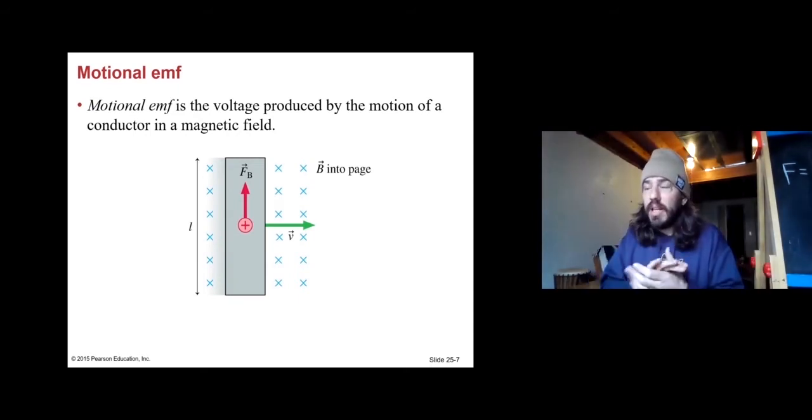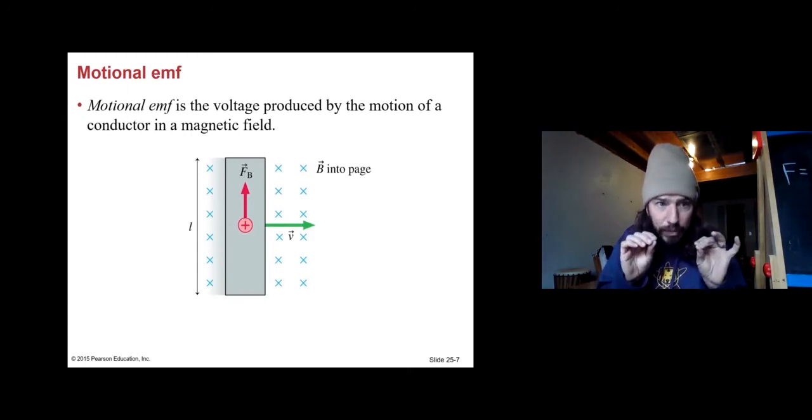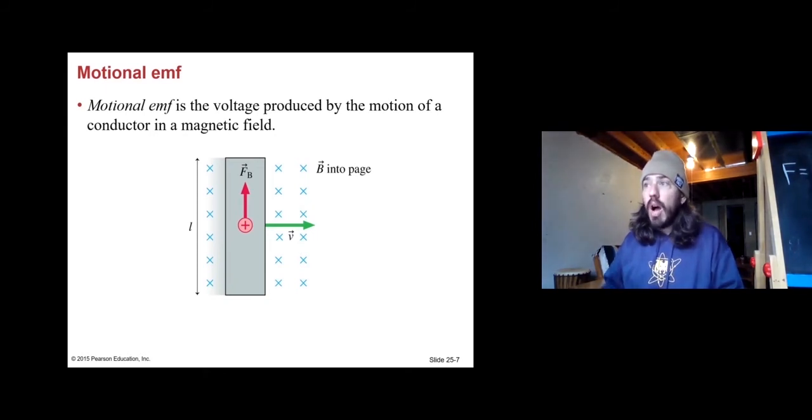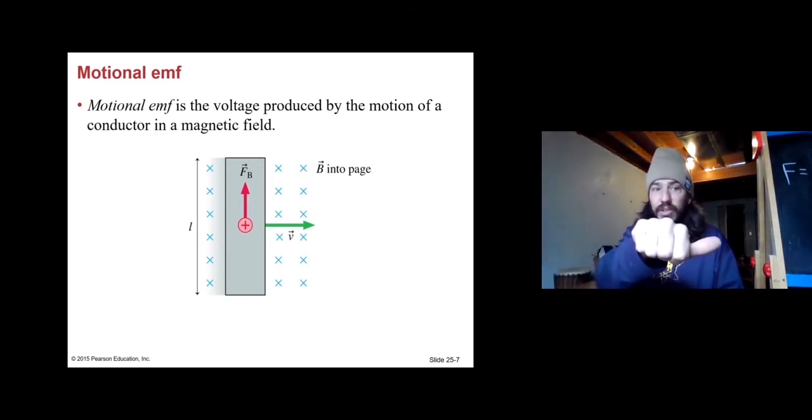Here we see this slide, which gives us a diagram of what we just looked at, but with a nicer drawing than what I was able to produce on my mini blackboard. So notice here that with our right hands, we have the velocity in this direction. We have a field that is into the page.